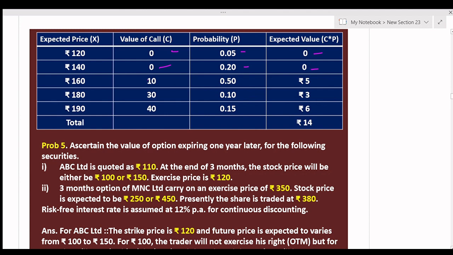In 160, the intrinsic value of the call is rupees 10, 50% is the probability, so expected value will be rupees 5. For 180, the value of the call option will be 30, 10% probability, so it will be rupees 3. And next 190, 40 will be the value of the call, multiplied with the probability, it will be 6, and total will be rupees 14.